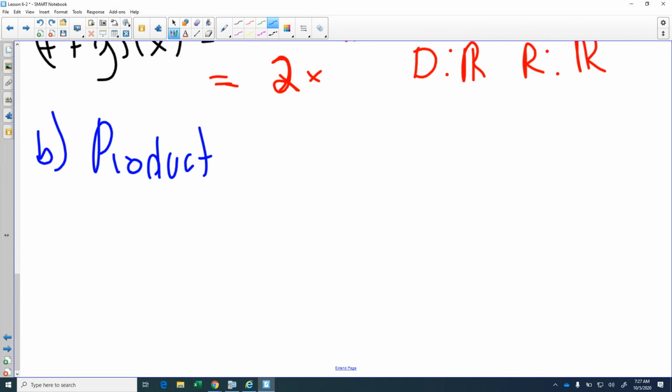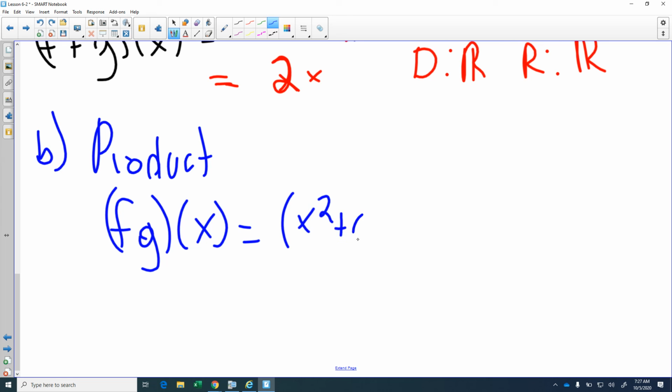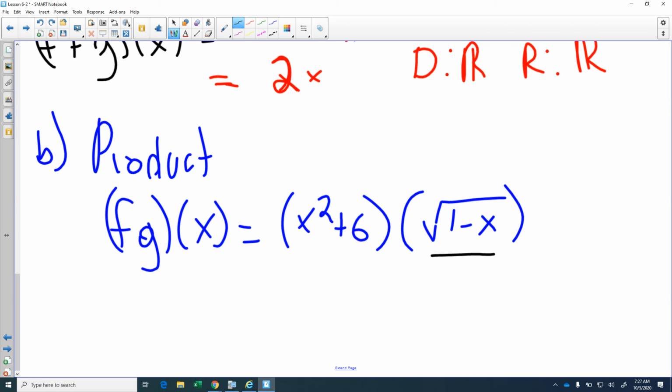So for example, if I want to do f times g of x, this would become my first formula, which is x squared plus 6, multiplied to the square root of x, which is going to be 1 minus x. Now, technically, I would have to FOIL this out and multiply it through, but this is all its own function. So I really can't separate those values.